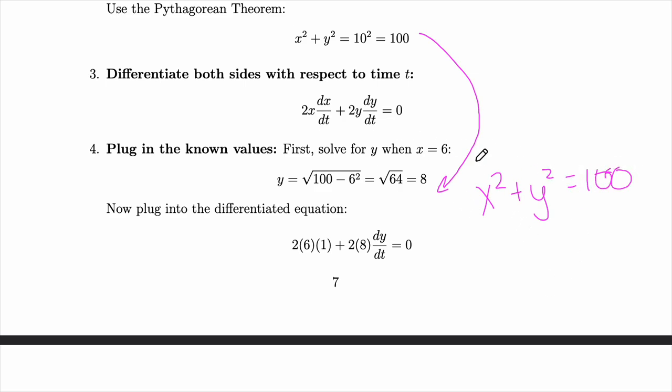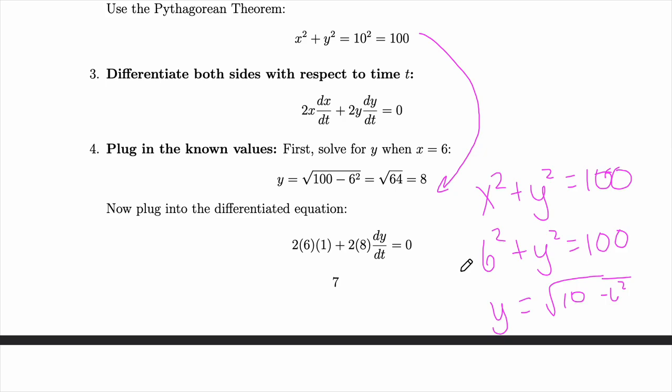I plugged in 6 for x, so 6 squared plus y squared equals 100, and then I solved that for y. So that's how I got this equation here. I subtracted that over, and then I took the square root. So I got y equals the square root of 100 minus 6 squared, which simplified down to root 64, which is equal to 8. So now I know that x equals 6, y equals 8.